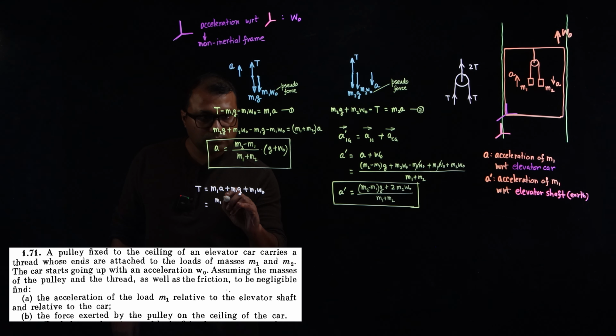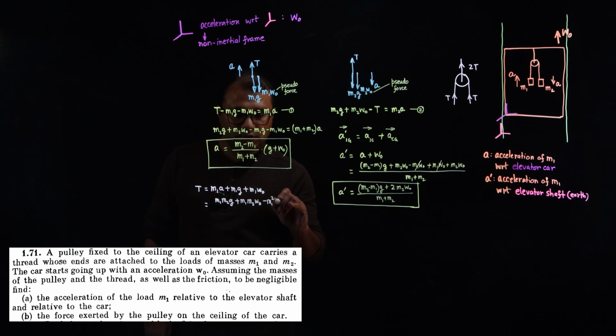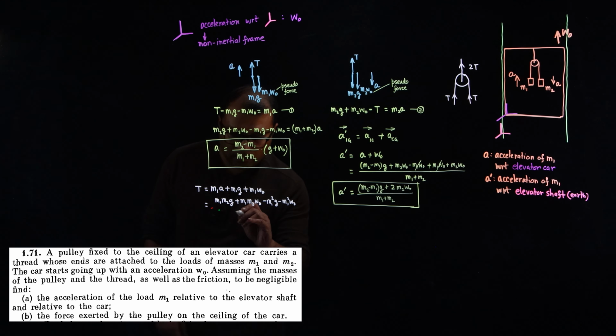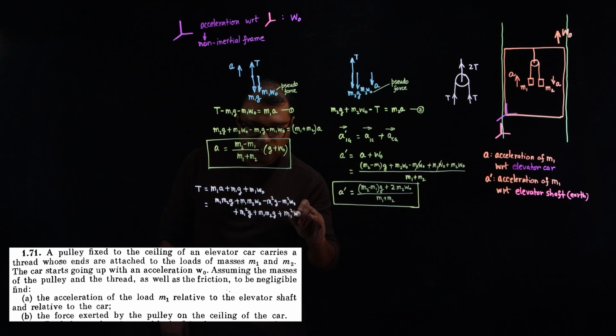So m1 m2g plus m1 m2 w0 minus m1 squared g minus m1 squared w0, and then we multiply m1 plus m2 with this, so that becomes m1 squared g plus m1 m2 g plus m1 squared w0 plus m1 m2 w0, and all of this divided by m1 plus m2.